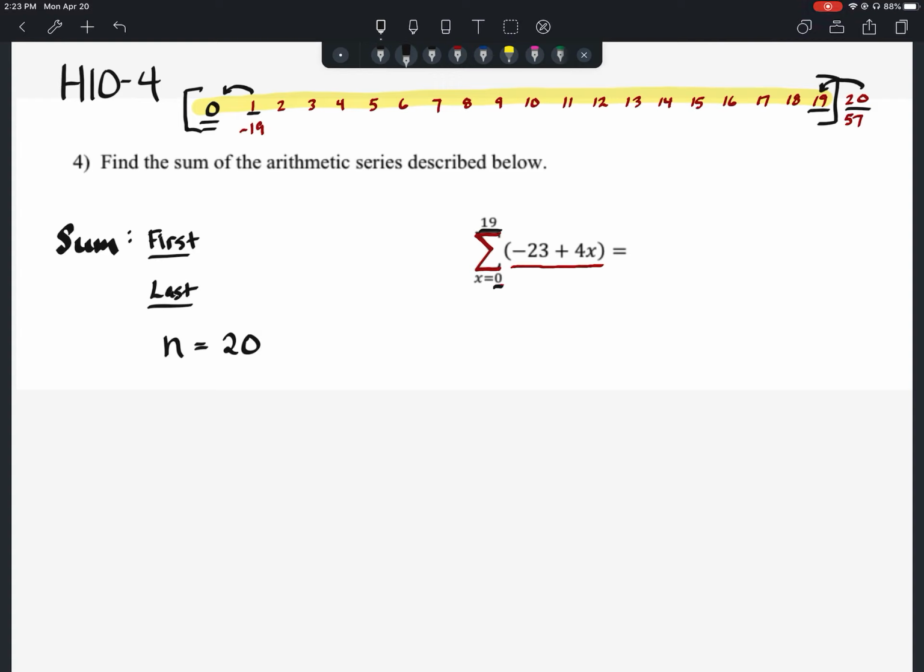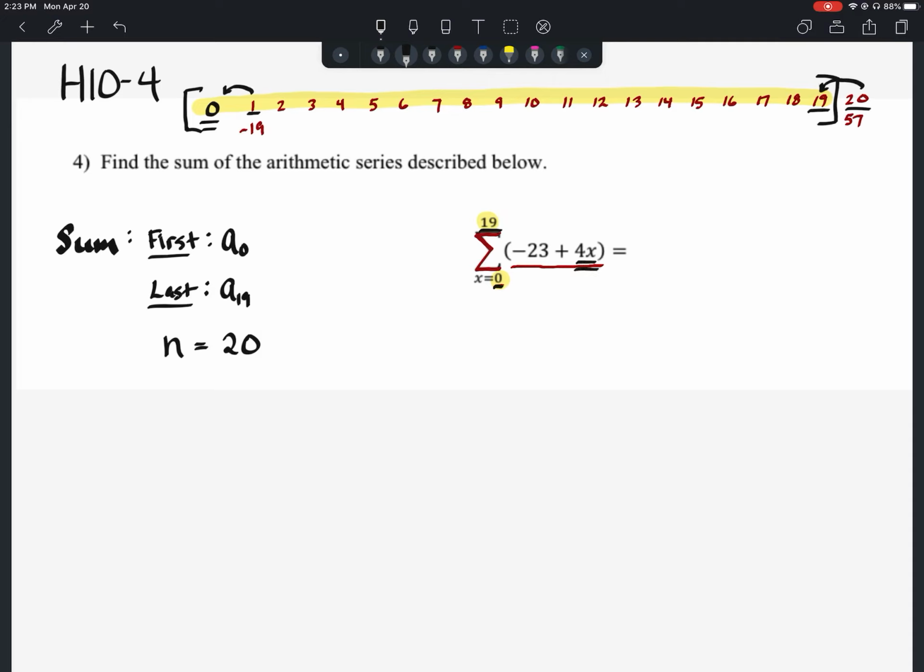So we still know that there are 20 terms, but our last term is not the 20th term, it's the 19th term. So what we're going to need to do to find our first term is find the a sub 0, and for our last term, it's going to be the a sub 19, which still ends up being the numbers they give you right here. So to find our 0th term, it looks like we're adding 4 each time if we're talking about our common difference.